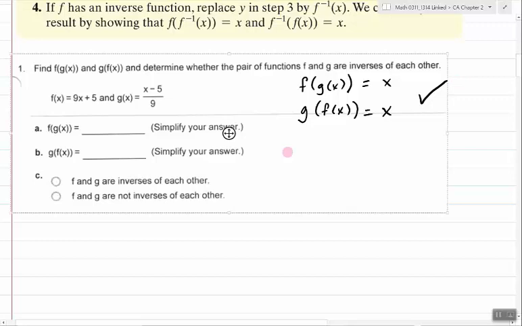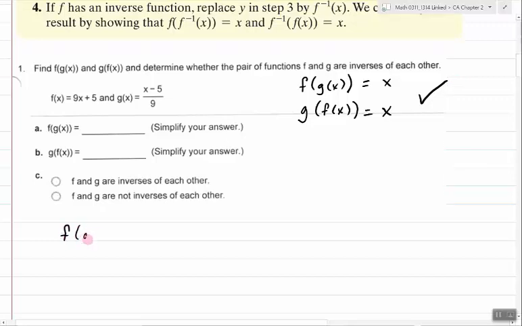So let's start. I have f of g of x. This composition means that I'm taking the g function and I'm putting it into the f function. So it is 9 parentheses x minus 5 over 9 close plus 5.